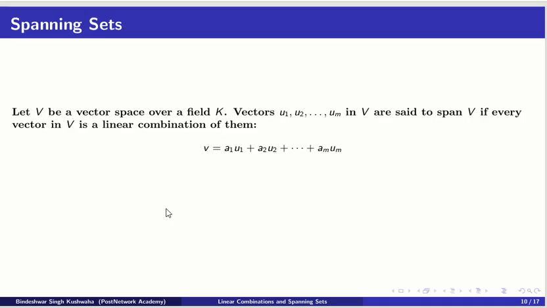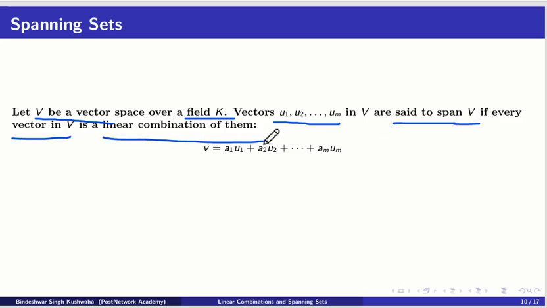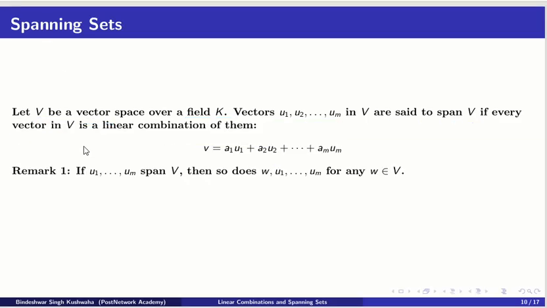Now let us understand spanning sets. If V is a vector space over field K, then u1, u2, ..., um in V are said to span, or construct, V if every vector in V is a linear combination of them. Then you will say that these vectors span the vector space V. Now there are some points you should know.